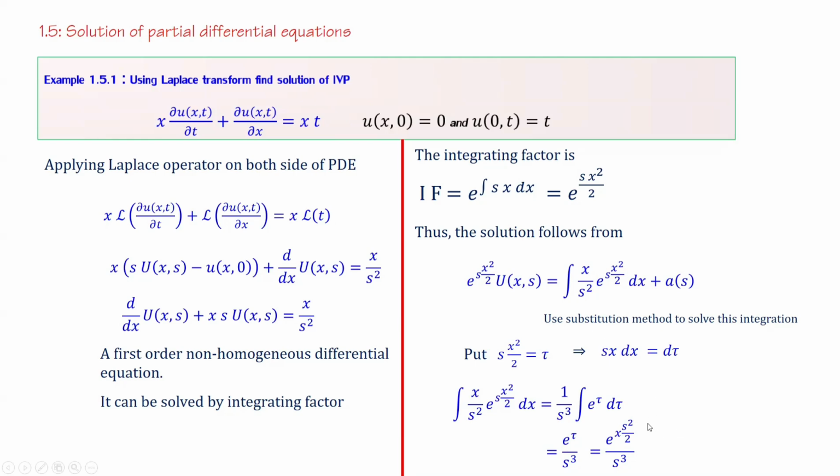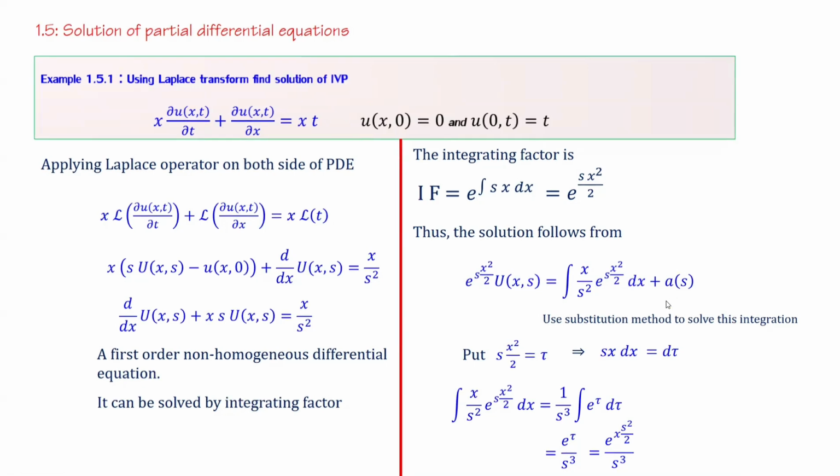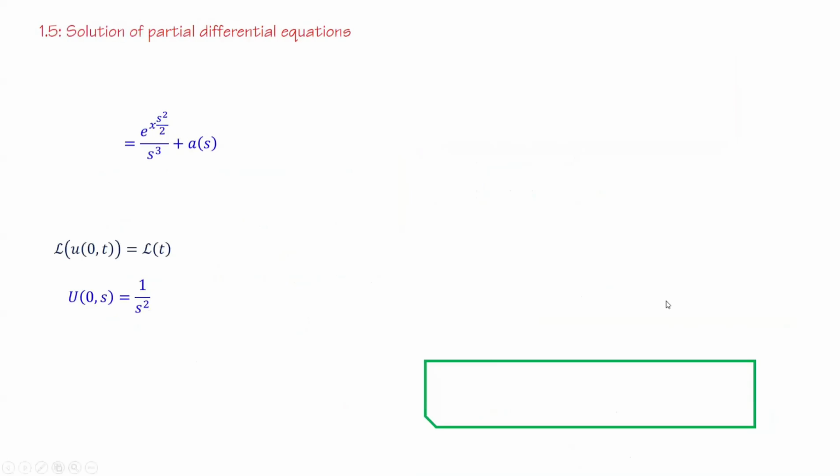We are not putting a constant here for this integration because we use the constant A(s). So we just substitute these values, these integrations, and we will simplify it further. So these integrations will reduce to this form, plus A(s).